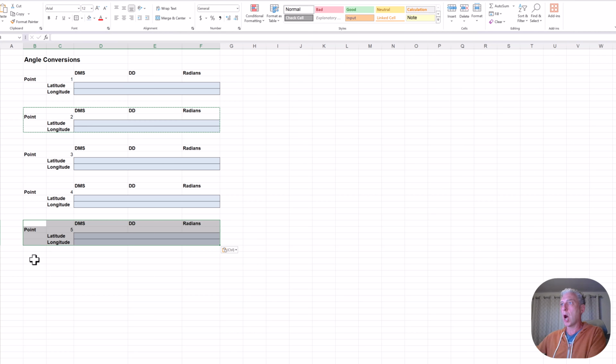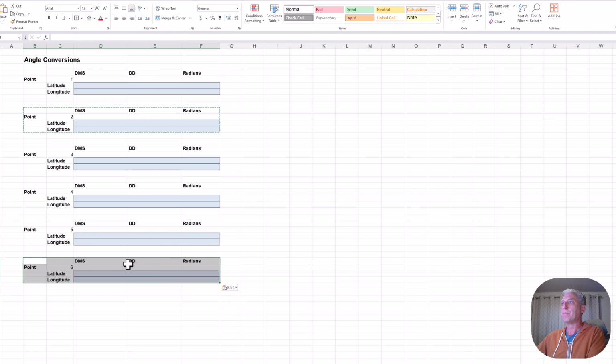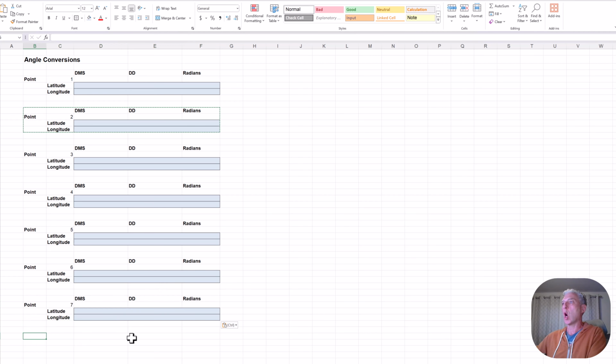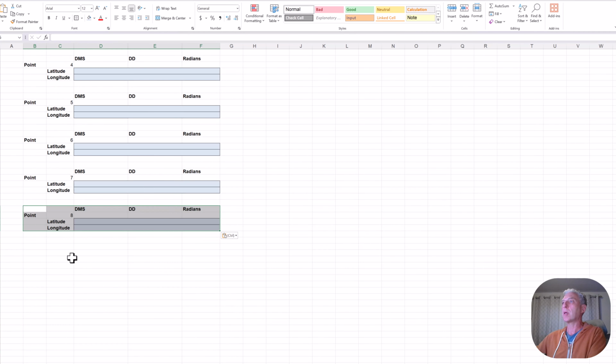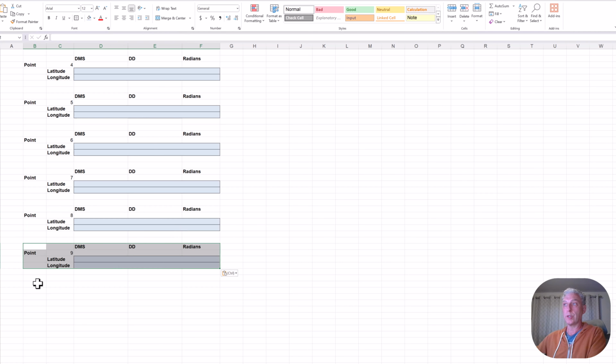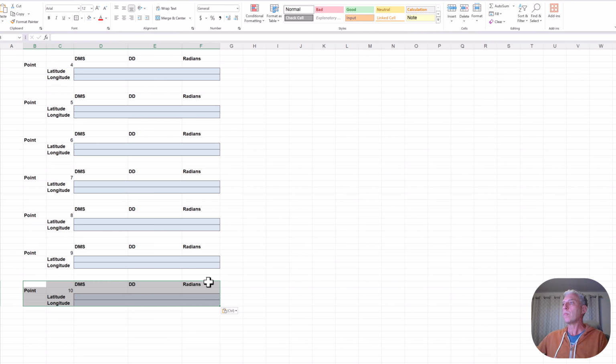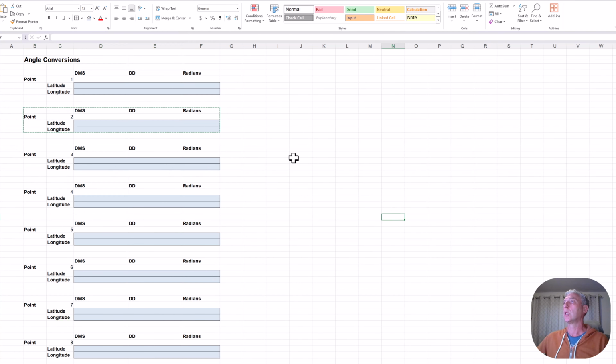Some of you are not really comfortable yet with Excel, but I strongly encourage you to become comfortable because going forward in your future courses, there is a lot of Excel work. So there's 10 points, which is what you're asked to do. And you can just make up some latitude and longitude or go to Google Earth and pick some points, where you're from, maybe pick a point there.